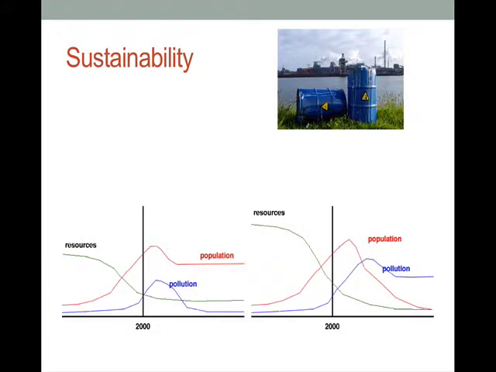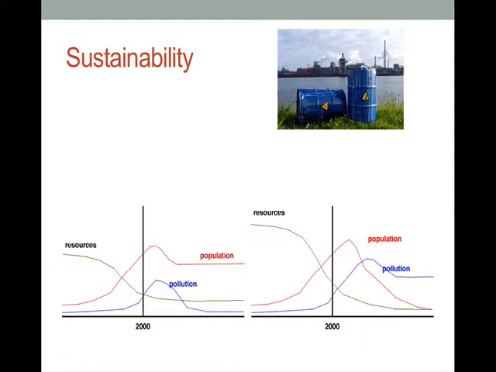Okay, and the final part is about sustainability, and I've got several panels here on sustainability. The first is that sustainability is just to keep away from poisoning yourself. Now this sounds pretty obvious, but when you have a small community and you have waste, what are you going to do with it? The resources can be turned into things that benefit the population, but also resources can accumulate as pollution.